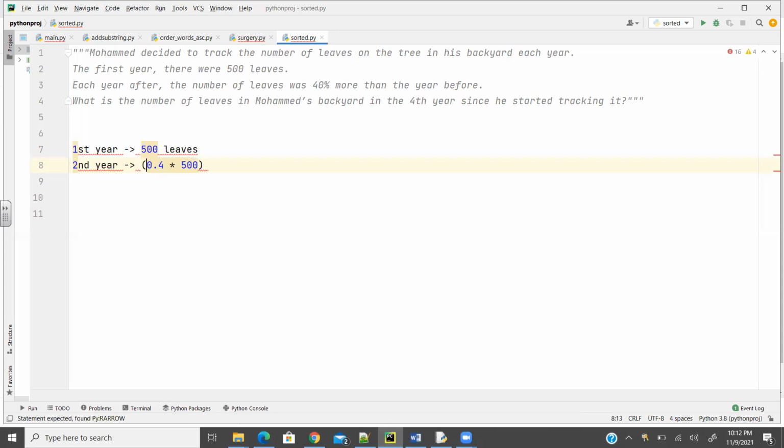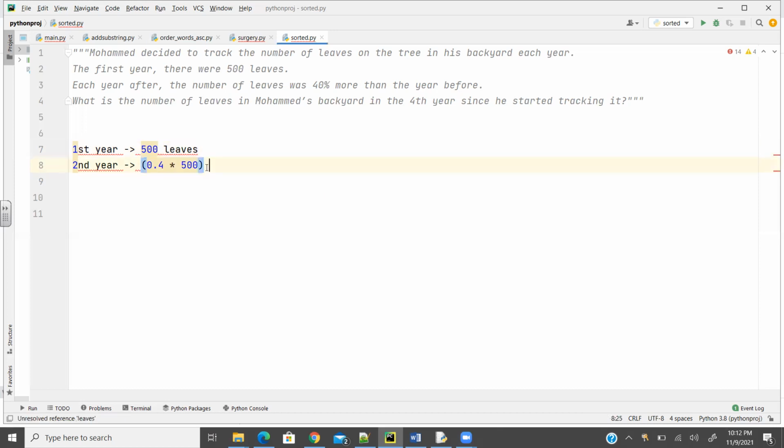And now we are told that this increase should be added. We understand that the increase is 0.4 of 500. It should be added to the previous year's amount. So it's just like the case of the trader having 500 naira initially, and then after sales, he got a profit of 200. So how much will be in his purse at the end of the day?